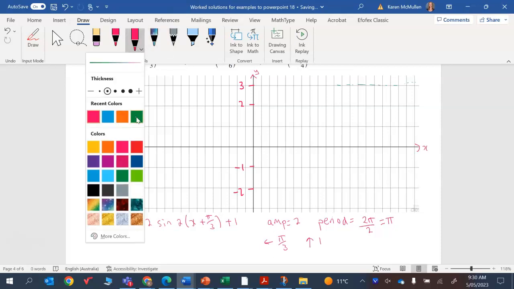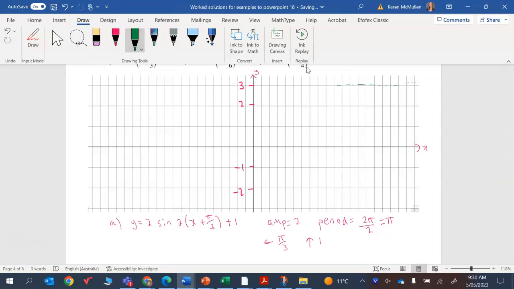When we've had a vertical translation, you can draw your dotted lines just to help guide you draw your graph. So this dotted line is basically our maximum. The maximum for this function is 3, and the minimum is -1. So that's your range, -1 to 3.